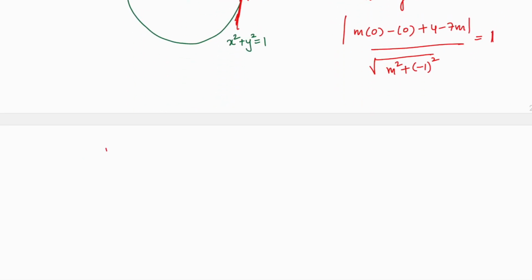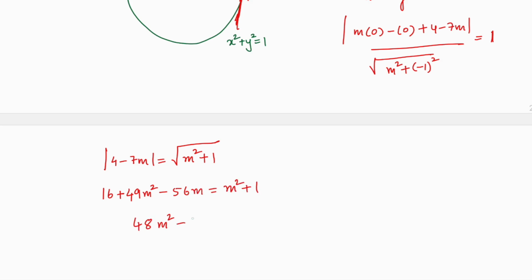That means we got modulus of 4 minus 7m is equal to root of m square plus 1. On squaring both sides, we get 16 plus 49m square minus 56m is equal to m square plus 1. So 48m square minus 56m plus 15 is equal to 0.